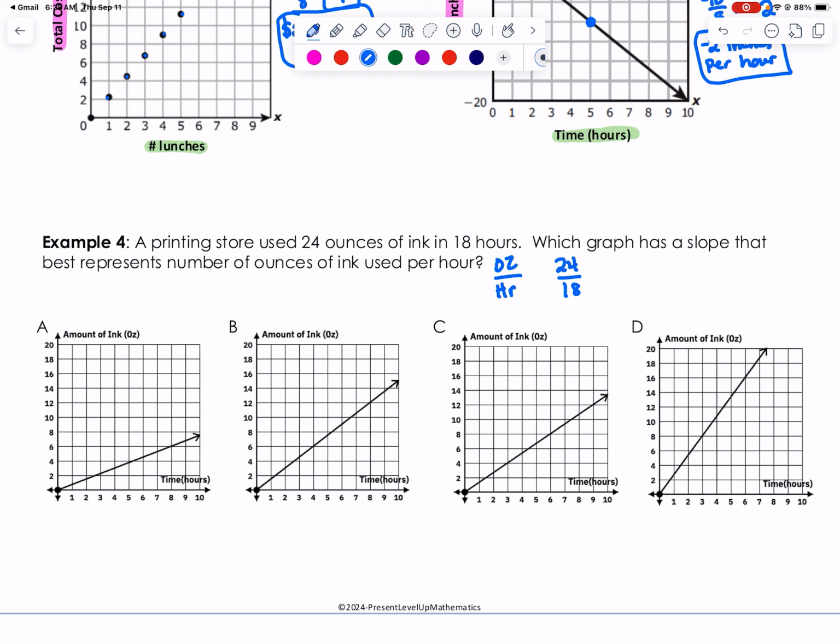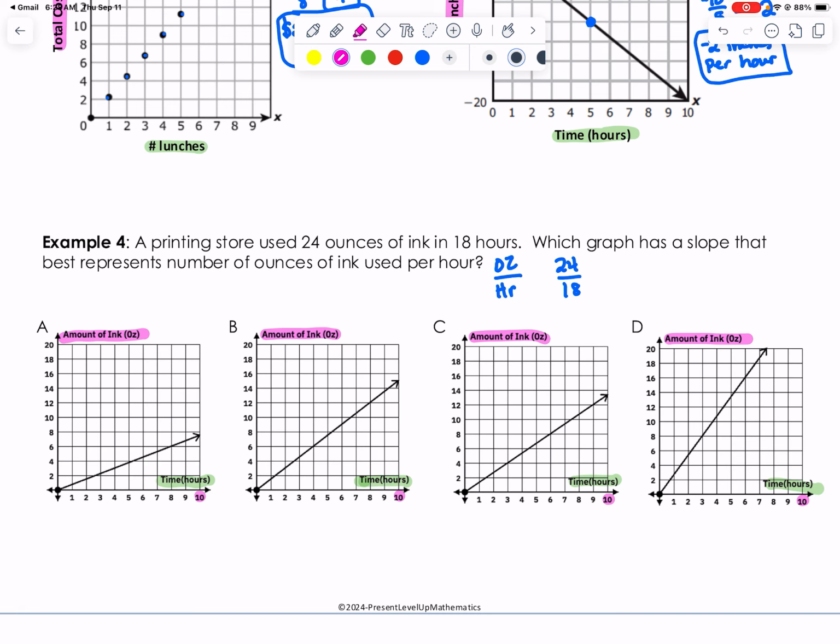Now, let's look at the answer choices. If I look at the x-axis, we have time. And on the y-axis, we have the ounces, the amount of ink. And so I want to find 18 hours. But if you look at your graphs, each one of them only goes up to 10 hours.